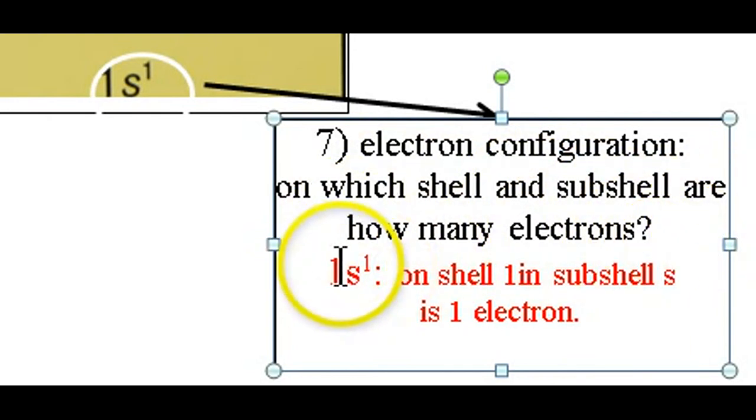So the first number is always for the shell. The letter is the subshell, and the raised number gives you the number of electrons in that subshell. On shell 1, in subshell s, is 1 electron. This is the electron configuration for hydrogen.